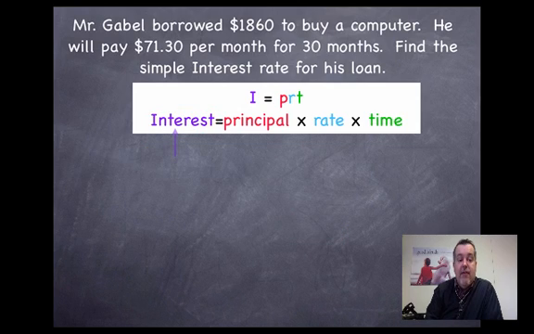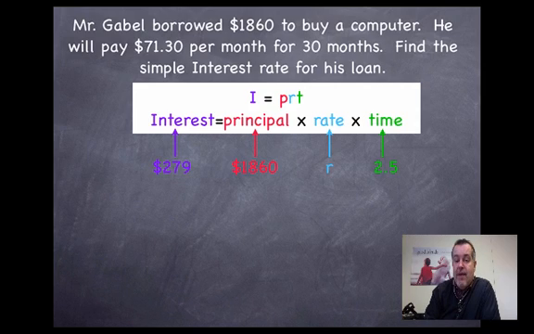So let's take a look. We now know that the interest is 279. The principal was 1,860. The rate we don't know, so we're going to call that R, and the time is 2.5. Notice I changed it from 30 months to 2.5.